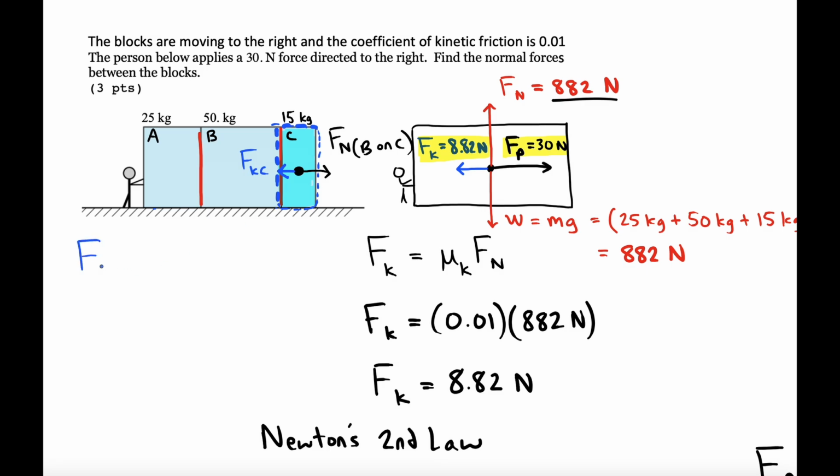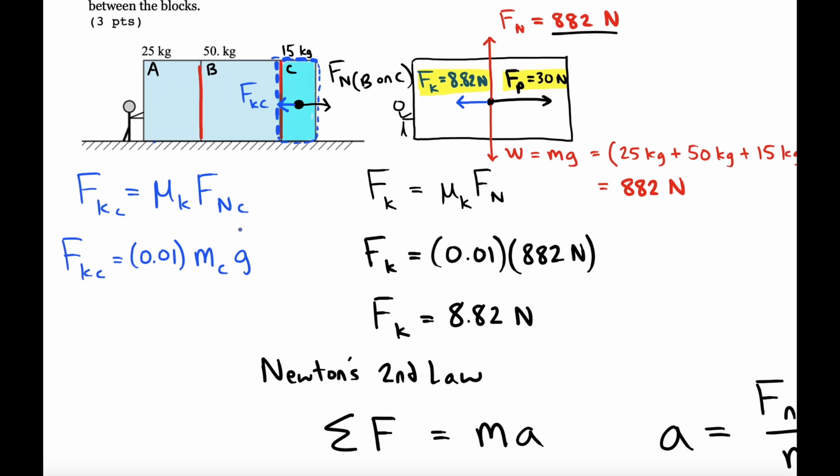We can calculate that friction. Use the 0.01 coefficient, and then you need the mass of C times g to get its normal force.